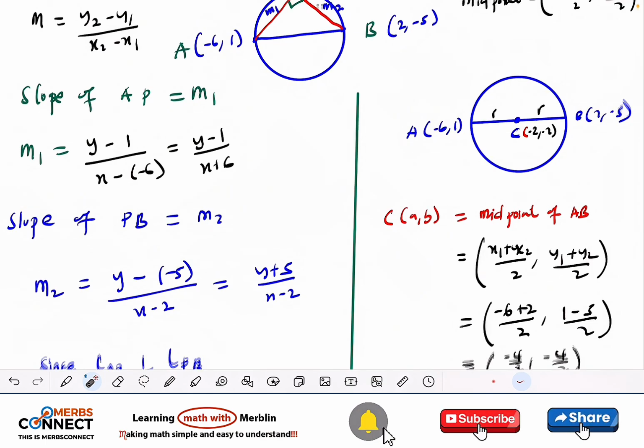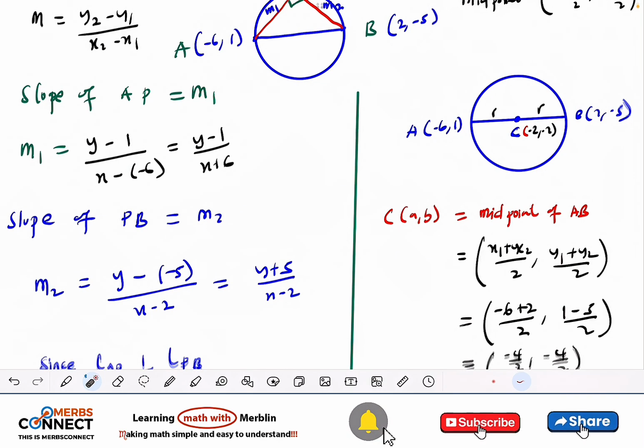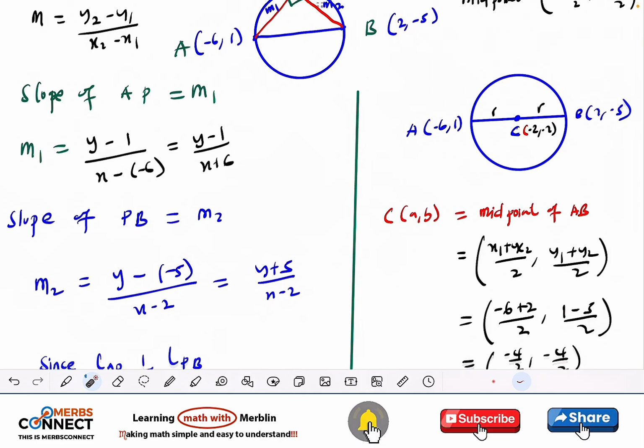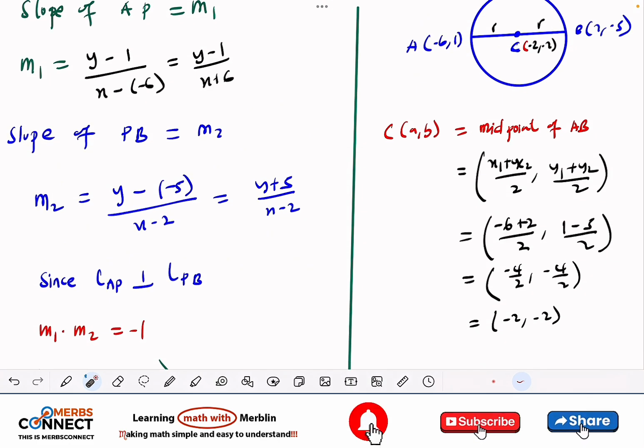So any of them works here. Any of your choice is going to work. So now let me do this without finding half of anything. I can just pick A and C to get the radius straight, or C and B to get the radius straight.